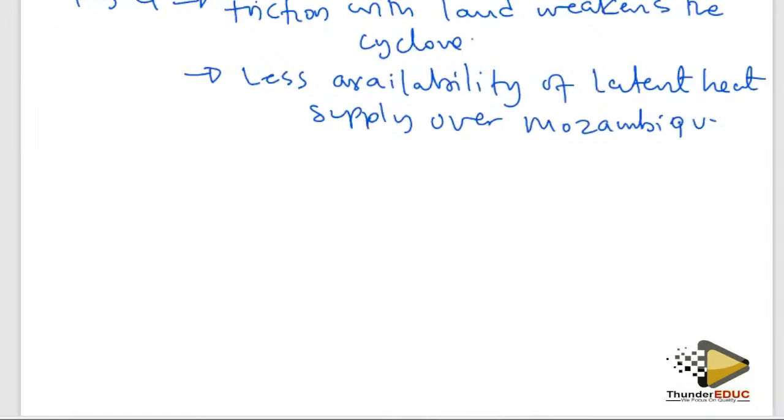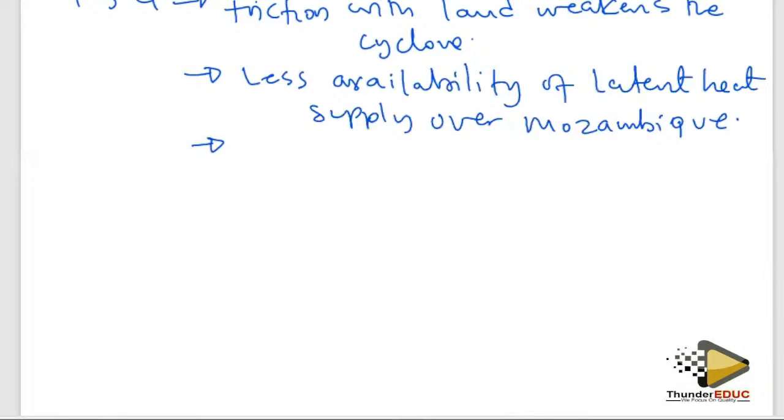Since Mozambique is a land, there will be less evaporation, less condensation, resulting into less light and heat. Because we know the more the light and heat, the cyclone becomes stronger. So the less light and heat availability, the cyclone weakens or its intensity reduces.